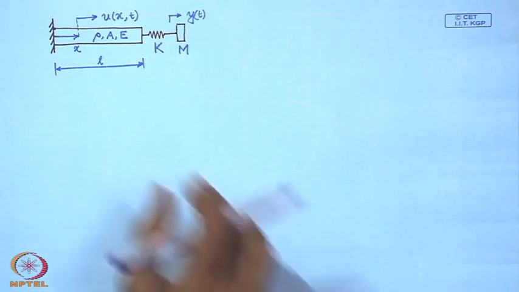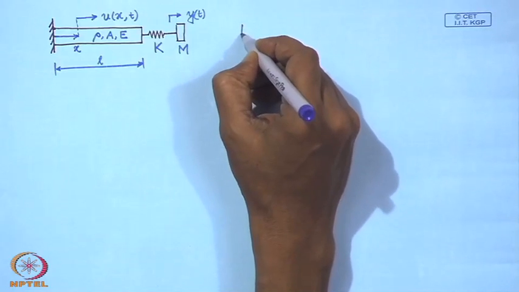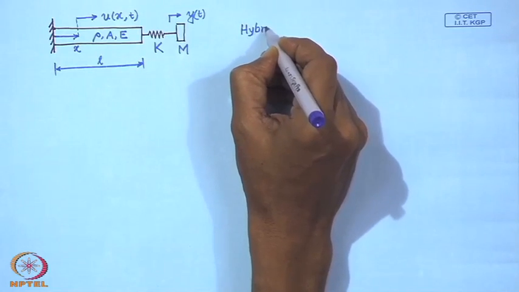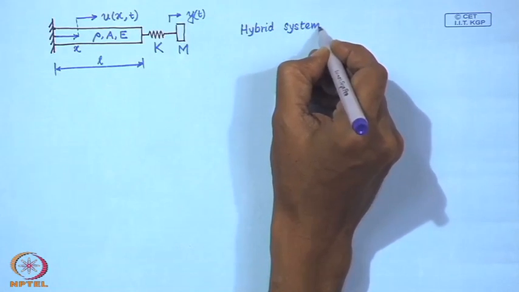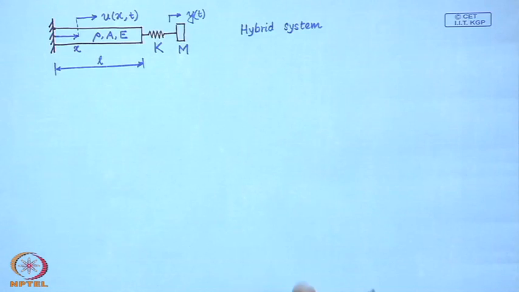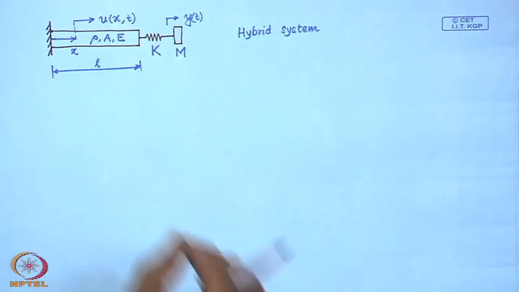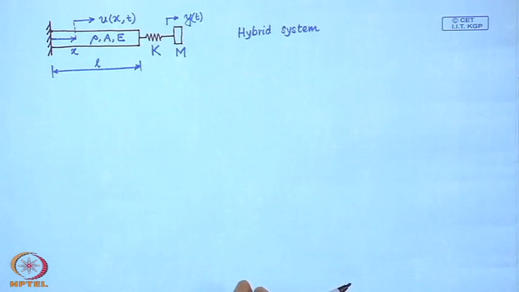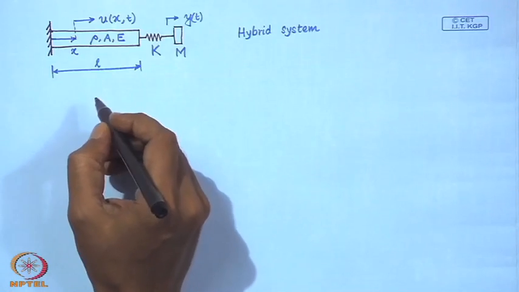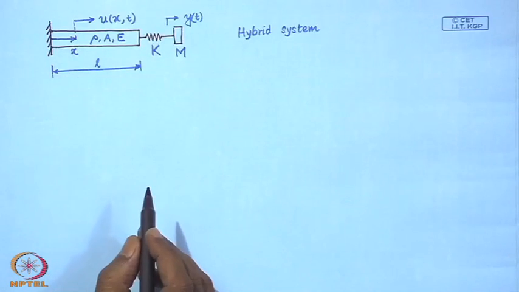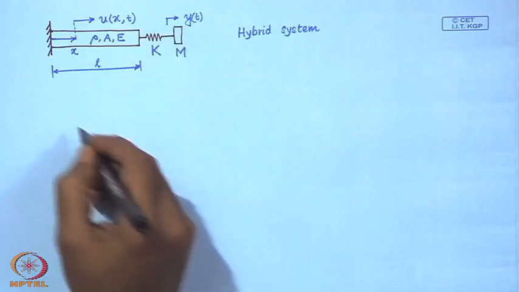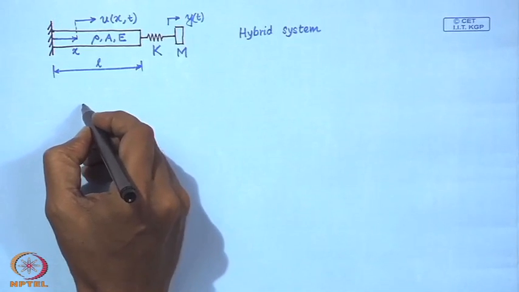So, we will call them hybrid systems, because we have both continuous as well as discrete systems in this example. So, the equations of motion: because we have a bar and an oscillator, we have two equations of motion.